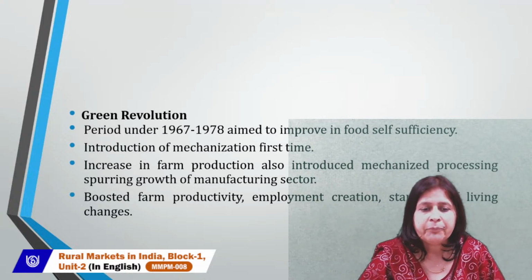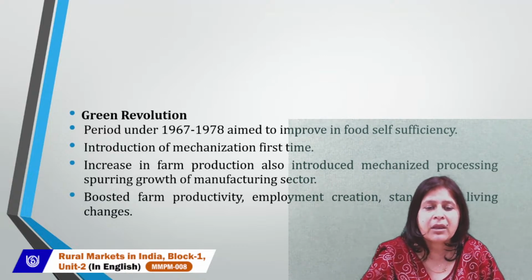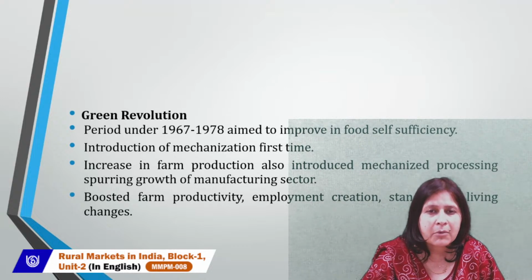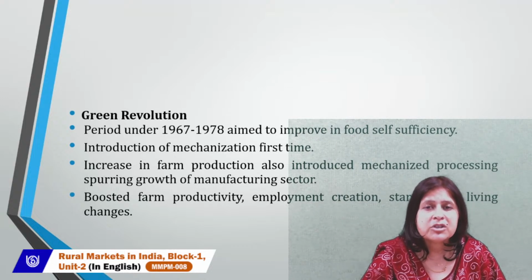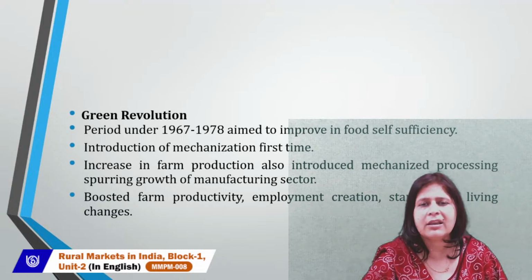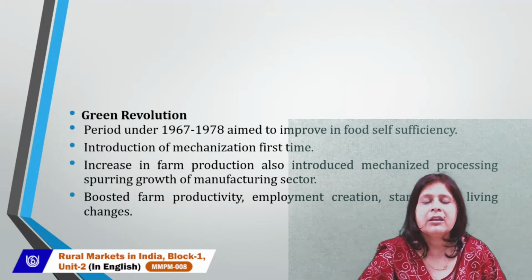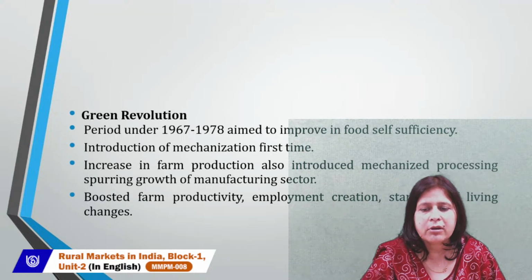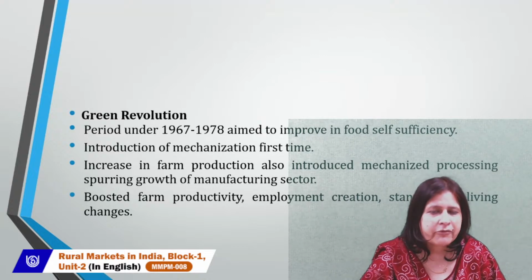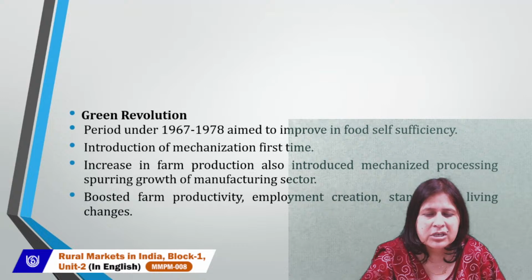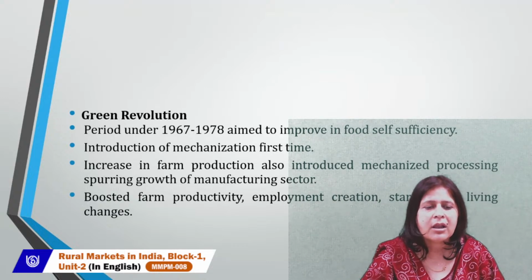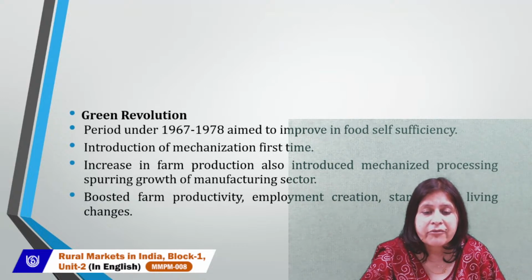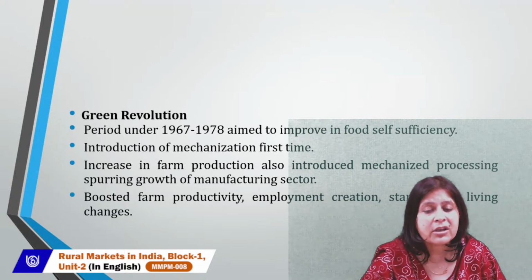Food grains, right? Introduction of mechanization for the first time. For the first time, machines were introduced in the agriculture system. It increased farm production, also introduced mechanized processing, and spurred growth of the manufacturing sector.